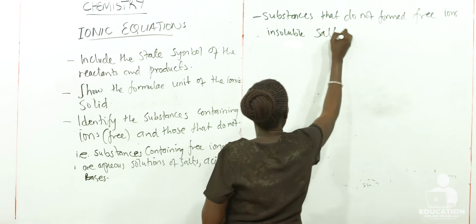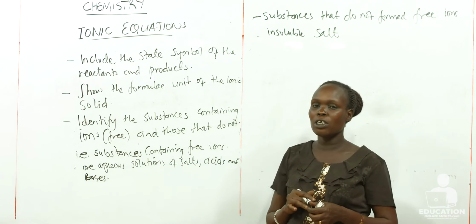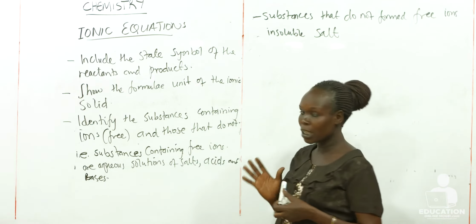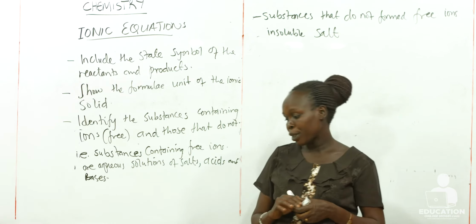It means the salts that, when you dissolve them in a solvent, either water or any other organic solvent, do not dissolve. So here we consider them as compounds or substances that cannot form free ions.